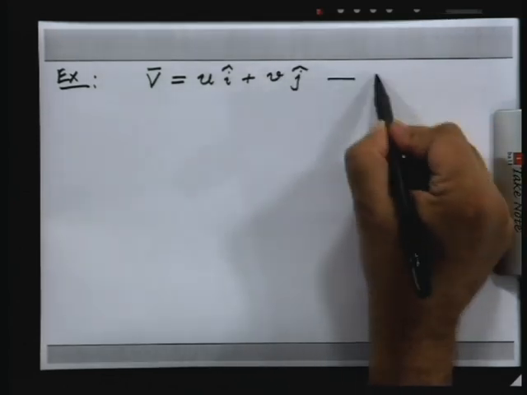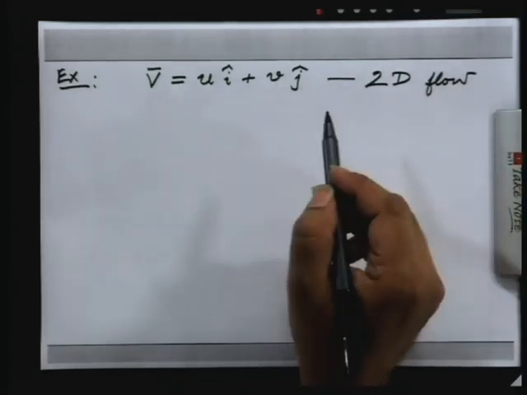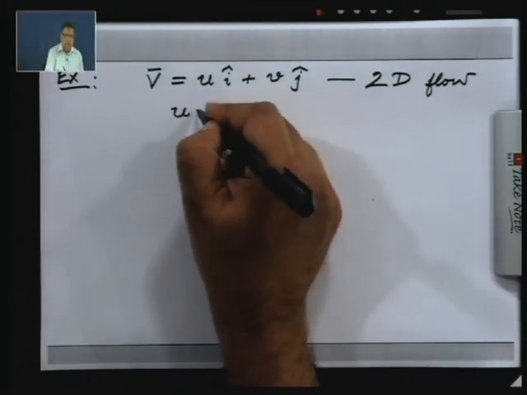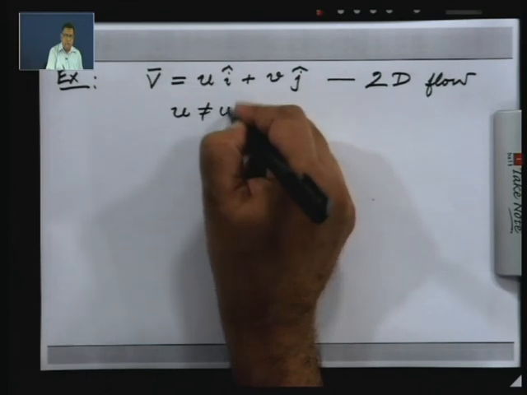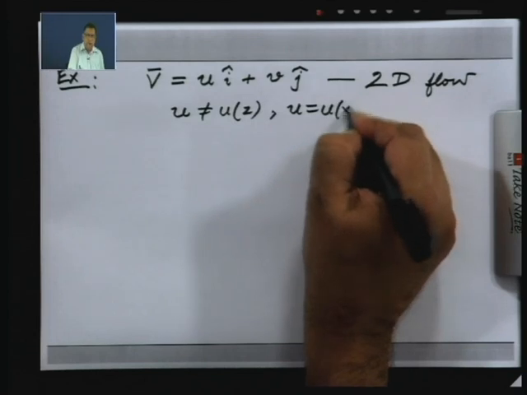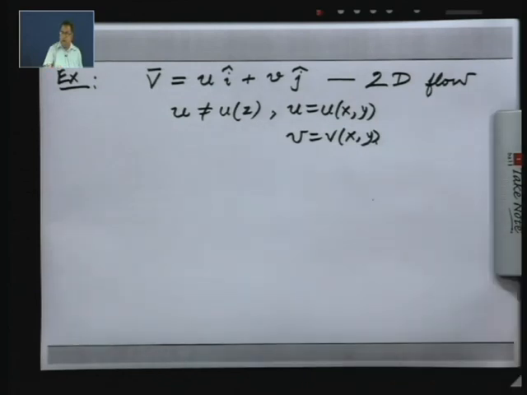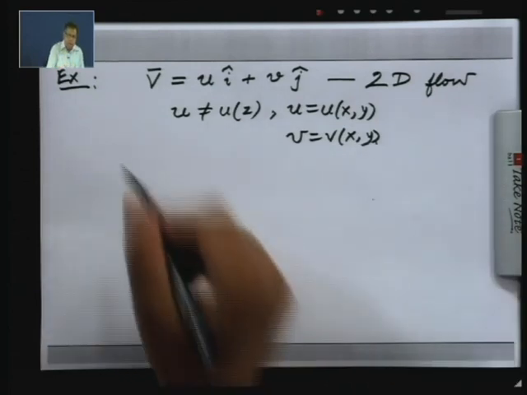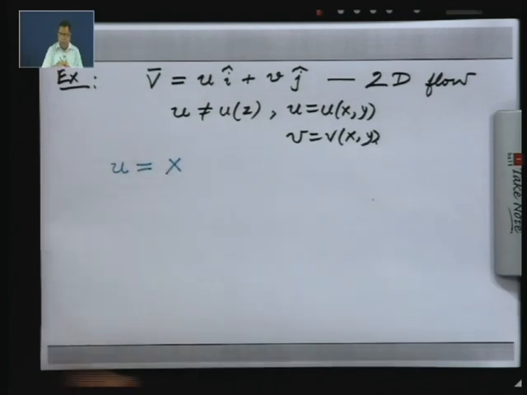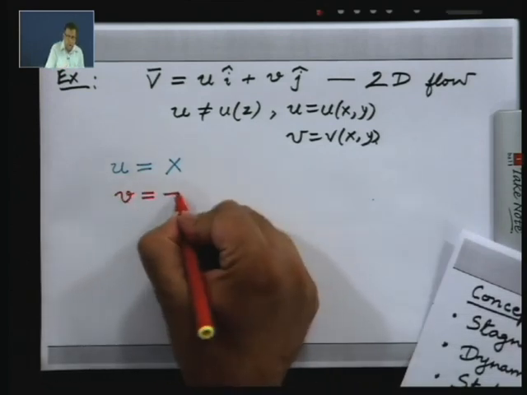So, this is an example of a 2D flow where w component of velocity or the z component of velocity is 0 and u is not a function of z. So, u could be in general a function of x and y, v could also be a function of x and y. So, I will take an example where u is x and v is minus y.